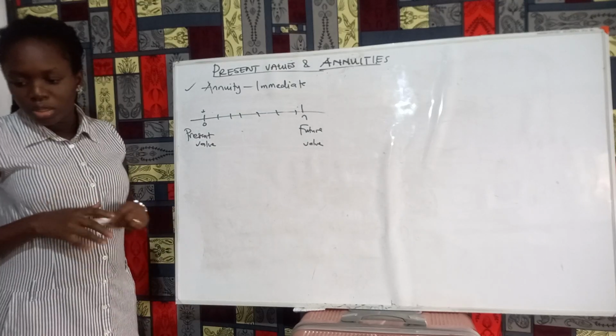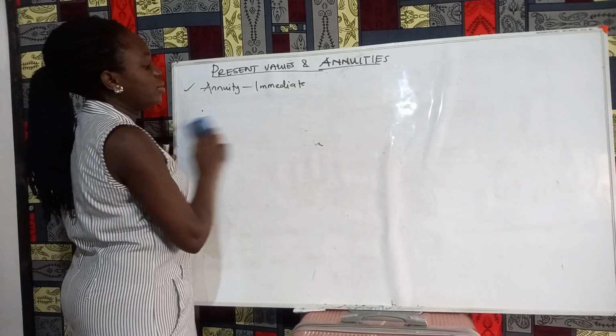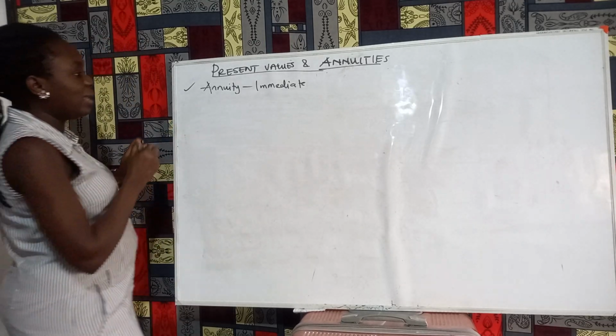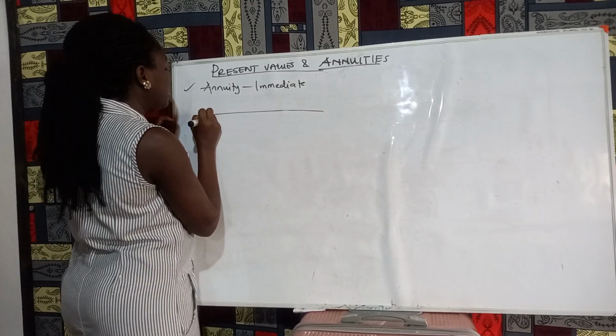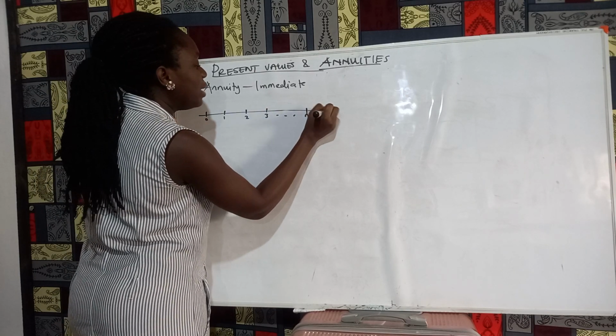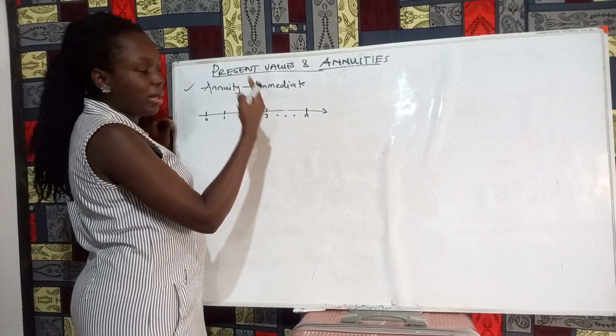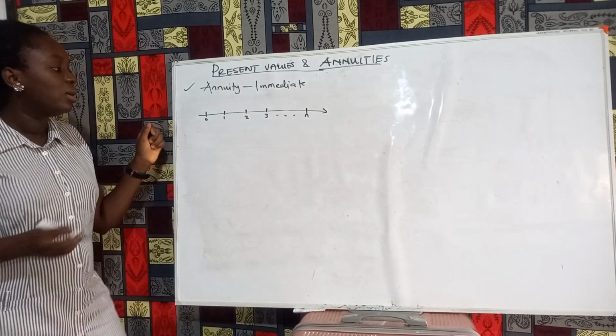Okay. So we denote the present value of any annuity. Once again, if you have any such series, the dots here represent that there are some number of times in between 3 and n that I have omitted.